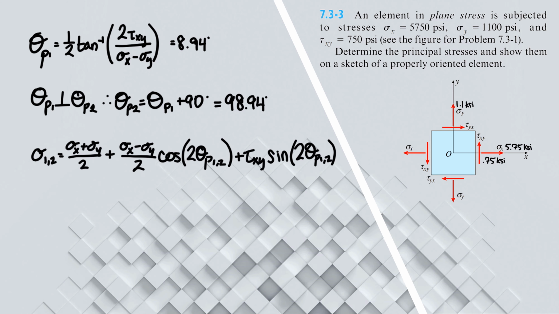If we plug our two angles into our really long stress equation, and all of the other information, we're going to get our two stresses. Now in principal stresses, when you're specifically looking for your sigma 1 and sigma 2, your tau will always, in every case, be 0.